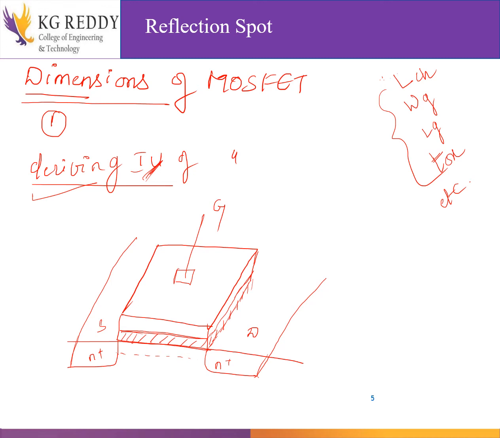Now I can simply say that this is the length of the channel, the channel length, which I say as L. This is the width of the gate, W, and this one is the oxide thickness, that is TOX, correct?